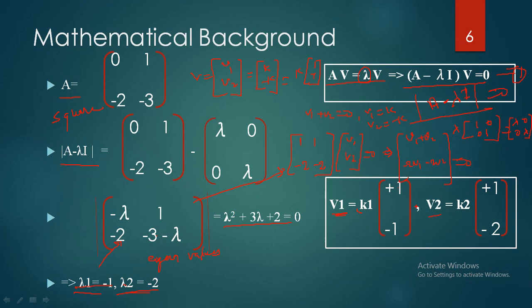Here v1 and v2 are not orthogonal, they are not perpendicular, because here the matrix A is not symmetric. Symmetric matrix means matrix A is equal to A transpose, then it is symmetric. So as it is not symmetric, that is why the two vectors are not orthogonal, otherwise these two eigenvectors could be orthogonal.